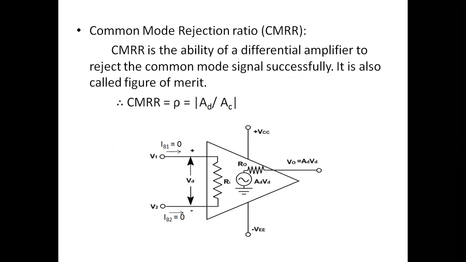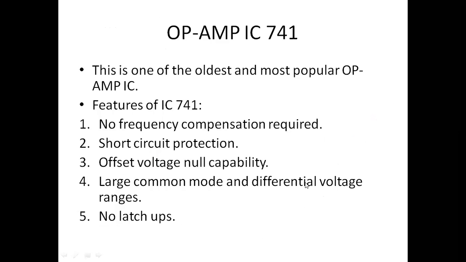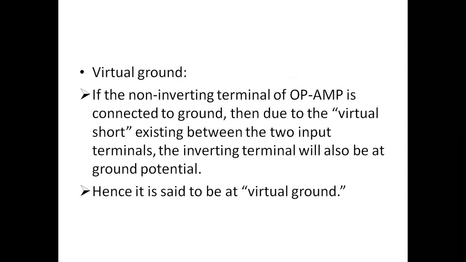It means we can give positive supply here, and we can give negative supply here at the pin number 4. If we are supposed to give negative input, we can give to the negative terminal. If we are supposed to give positive, we can give to the positive terminal. And output we will get here. We are taking the symbolical structure of the op-amp like this.